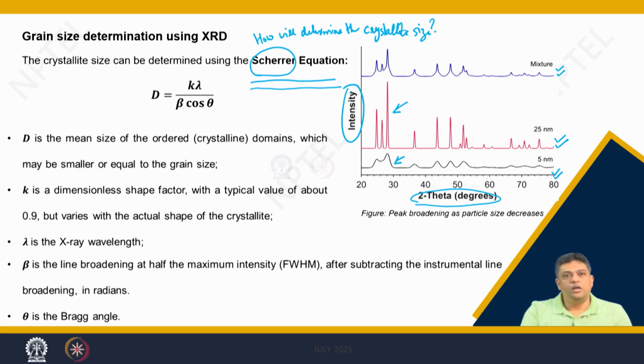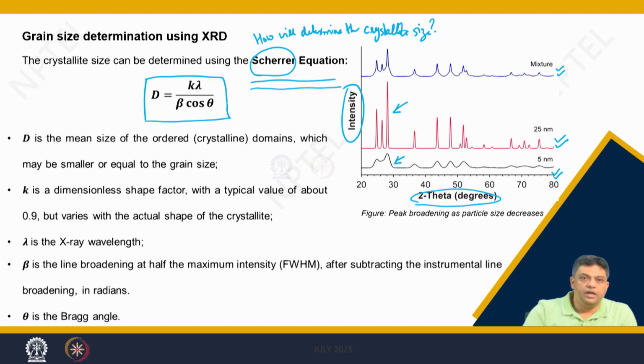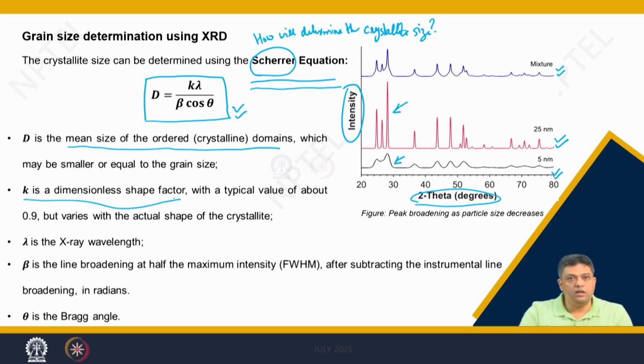But the Scherrer equation is generally written as d is equal to k lambda divided by beta cos theta, where d is the mean size of the crystallite domain, k is a dimensionless factor with a typical value of 0.9, but this can change with the shape of the crystallites.